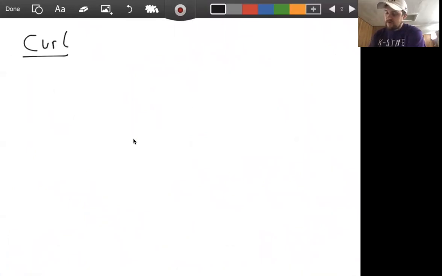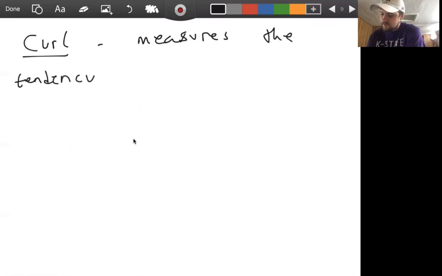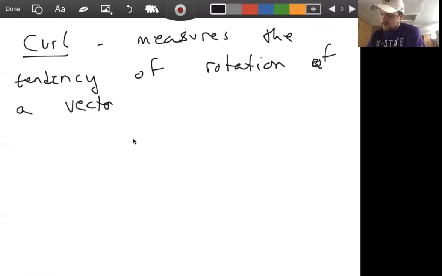The curl of a vector field measures the tendency of rotation of a vector field about an axis or a pole, right?